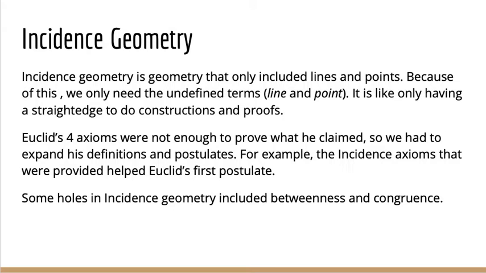Speaking of Euclid, his first four postulates were good, but it was not sufficient enough to prove the things he claims to have proven. There is a need to expand his postulates and definitions because he assumed certain facts because they were obvious. As noted in our book, it took 3 incidence axioms to strengthen Euclid's first postulate.